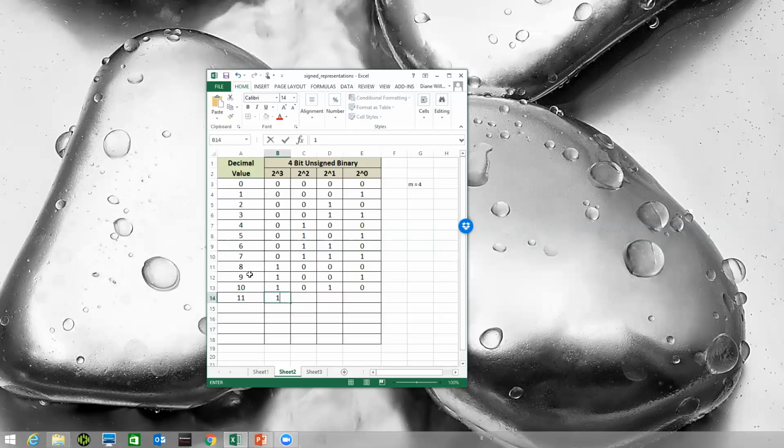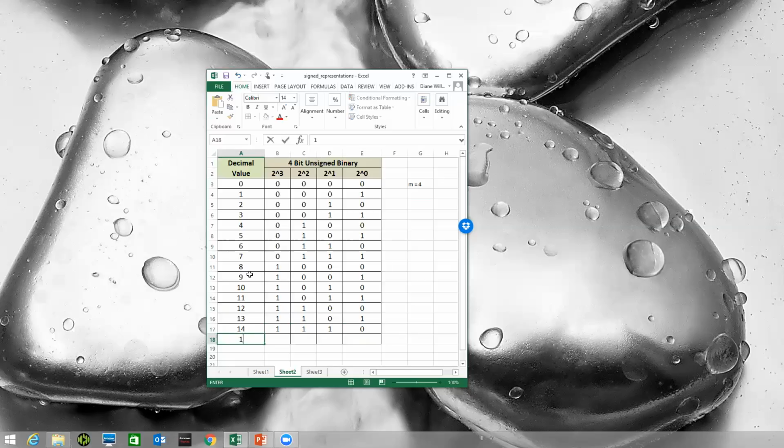11, we add 1 to that. 11 is 8 plus 3. 12 is 8 plus 4. 13 is 8 plus 4 plus 1. 14 is 8 plus 4 plus 2.